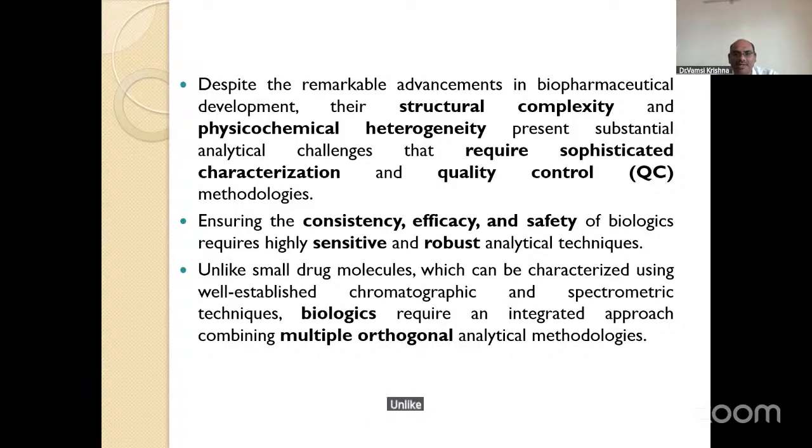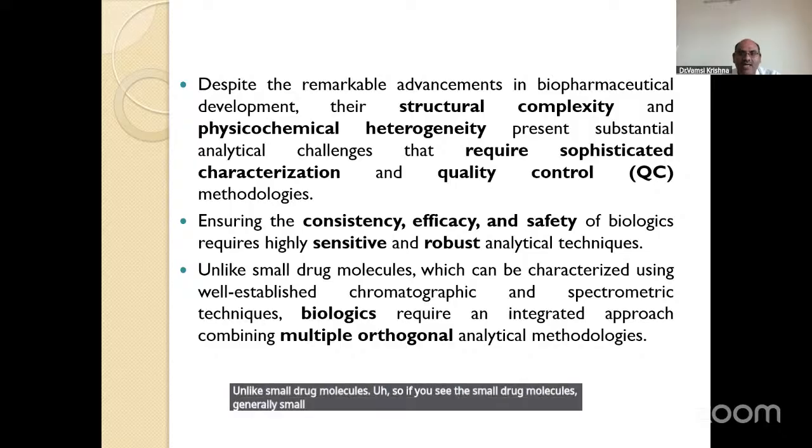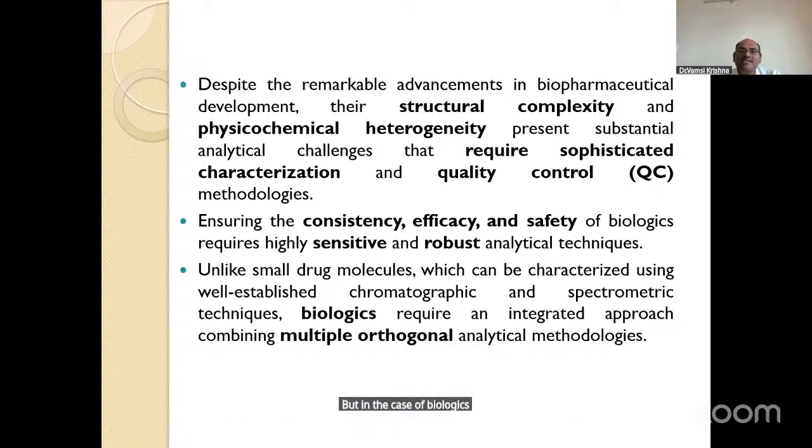Unlike biologics, small drug molecules are generally characterized by routine chromatography techniques like HPLC and GC. But in the case of biologics, one or two techniques are not enough.